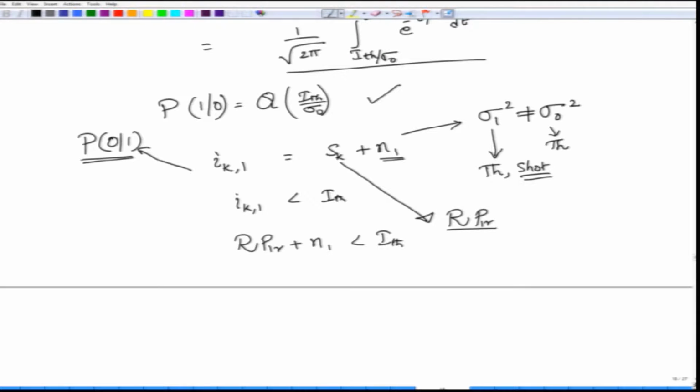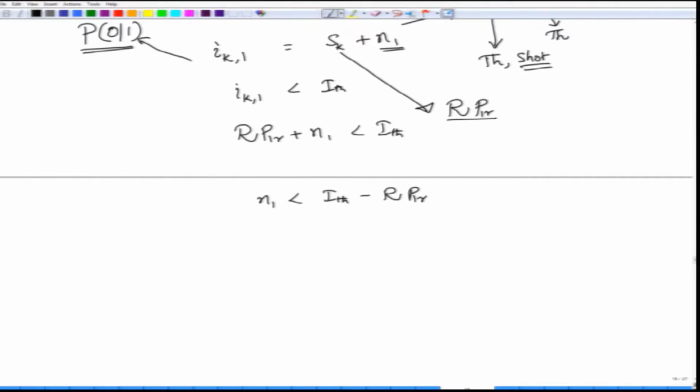When will this happen in terms of the noise variable? When N1 is less than I_TH minus R P1R, okay. When this happens, you are going to get an error, right. You can turn around this equation by multiplying by -1 on both sides, and when you do that you are going to have to also change the integral limits over here.